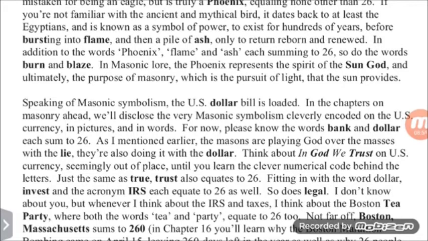In addition to the word phoenix, flame and ash each sum to 26. So do the words burn and blaze. In Masonic lore, the phoenix represents the spirit of the sun god, and ultimately the purpose of Masonry, which is the pursuit of light that the sun provides.